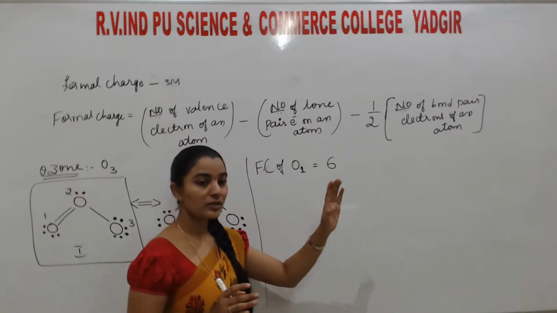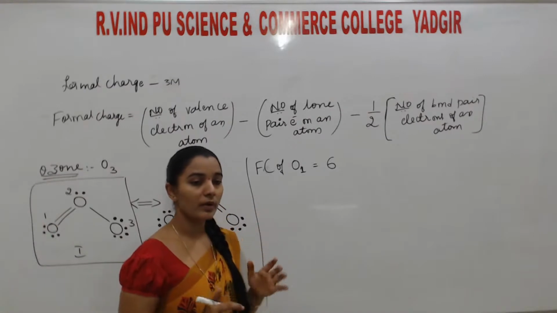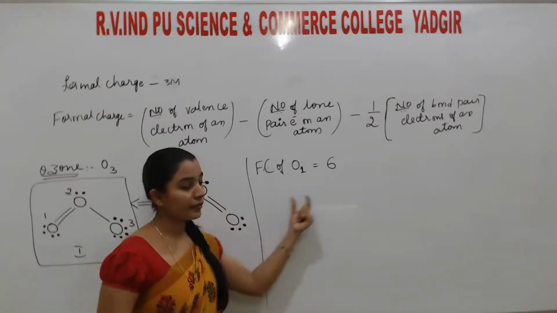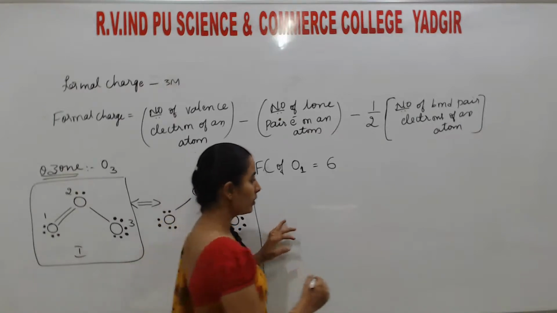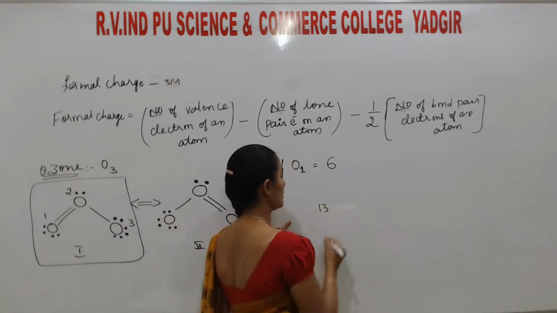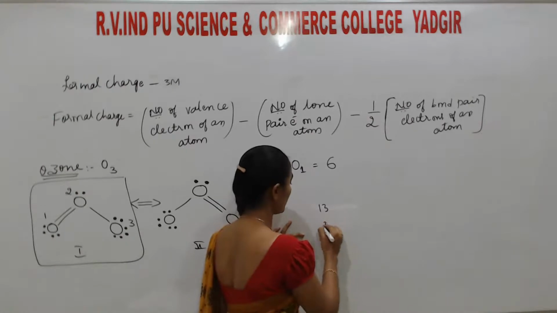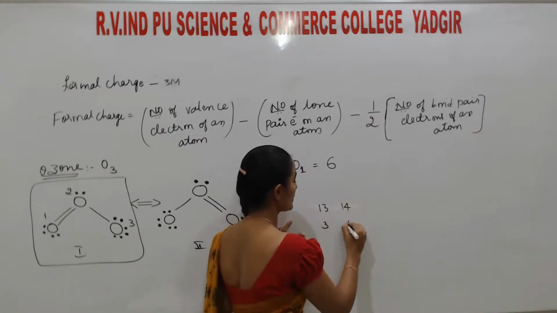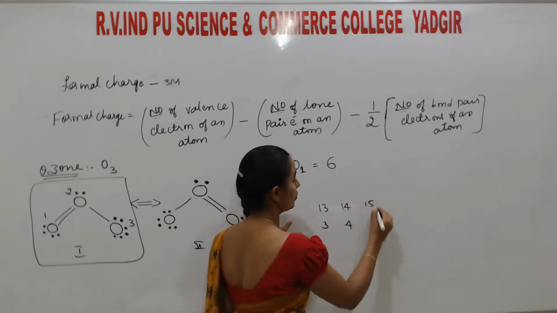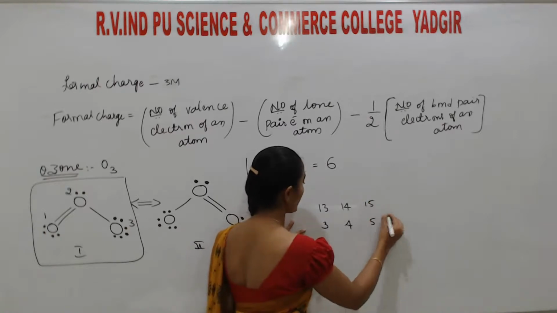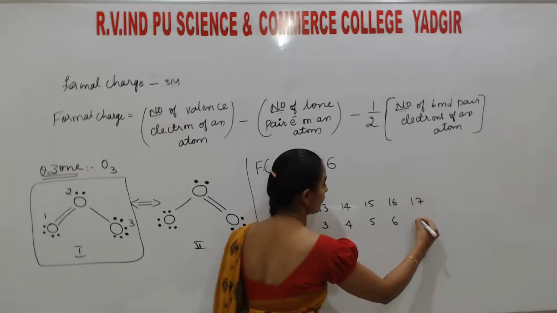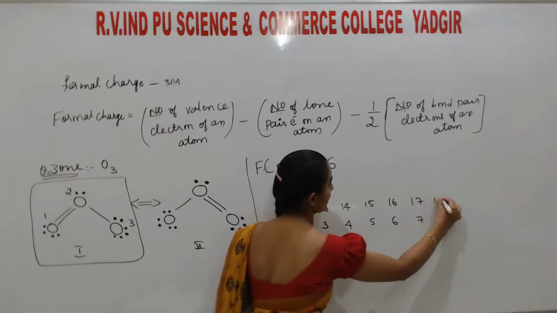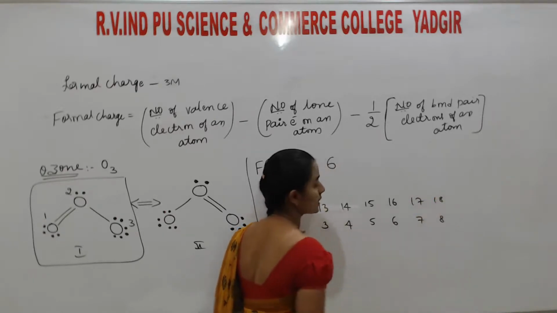The valence electron means outermost electron. You need to remember that. Often you cannot write the electronic configuration. Remember 13th group elements, valence electron is 3. 14th group, valence electron 4. 15th group, valence electron 5. 16th group, valence electron 6. 17th group, valence electron 7. 18th group, valence electron 8.